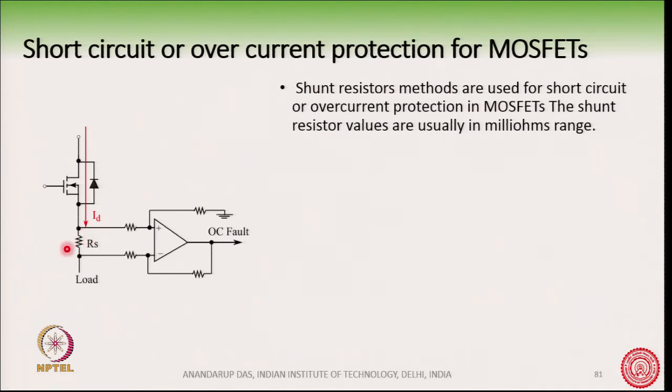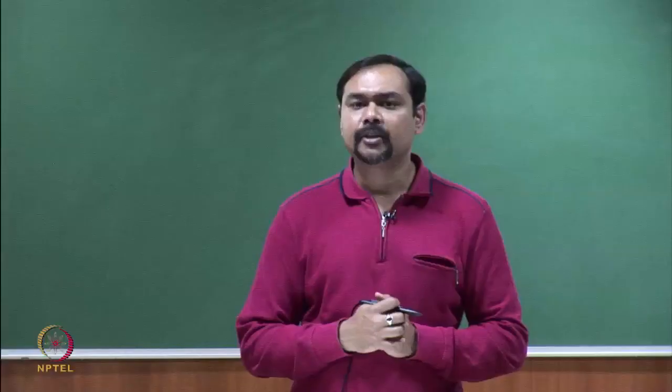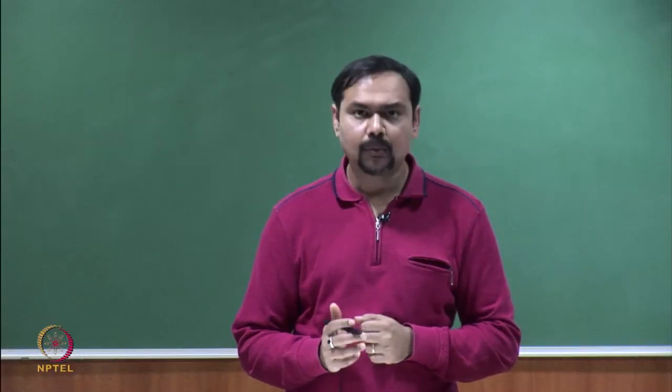Instead, in case of MOSFET we use shunt resistor methods. The voltage across the shunt resistor is monitored and it will cause this op amp to trigger as the voltage goes beyond a certain limit. This is how short circuit or overcurrent protection for MOSFETs works.